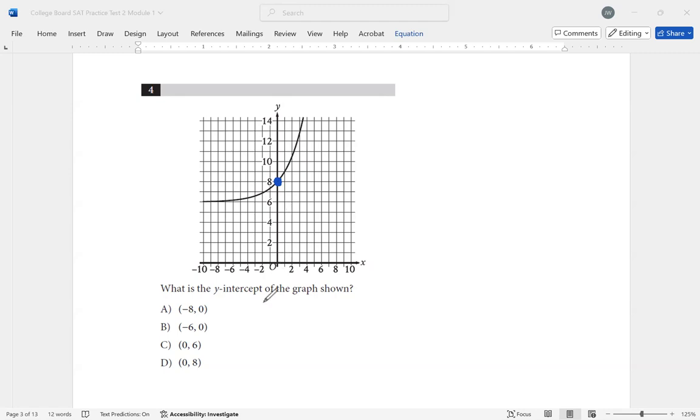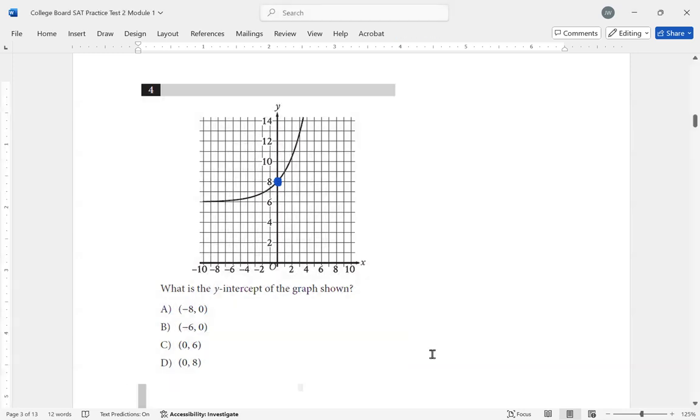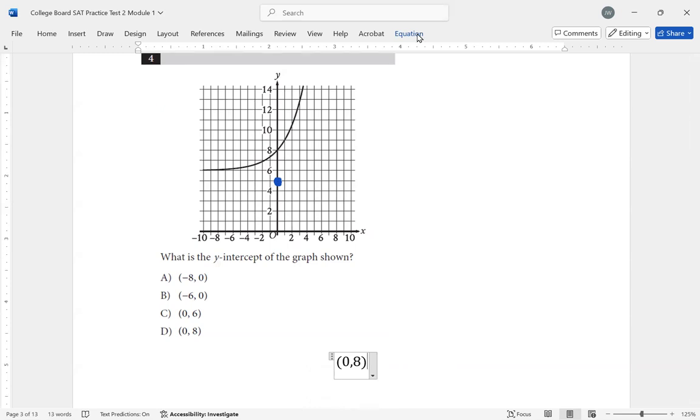And therefore, the answer to question 4 is exactly that. The y-intercept is at point 0, 8, which obviously is answer D. So 0, 8 is the answer to question 4.